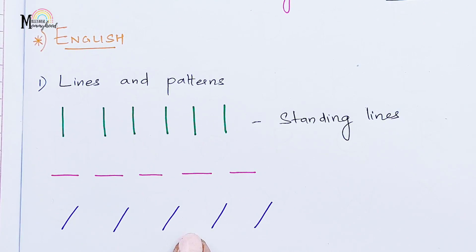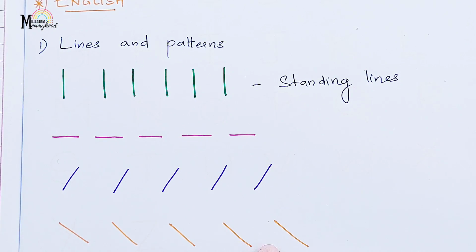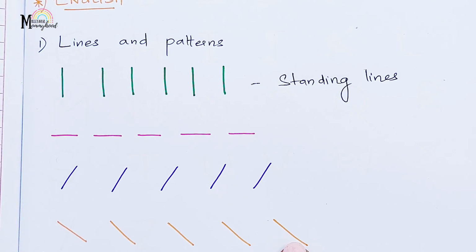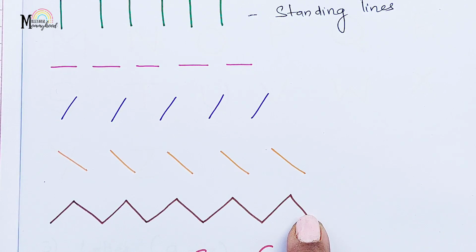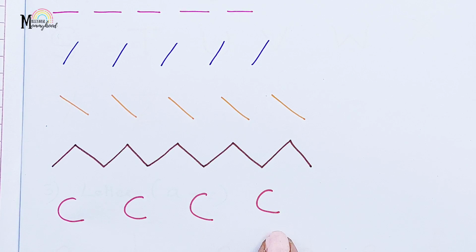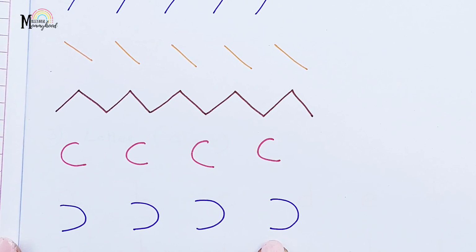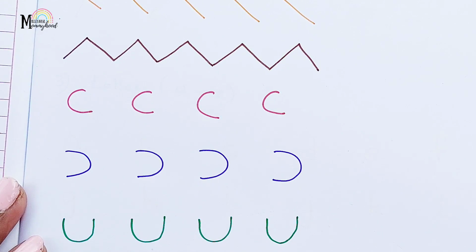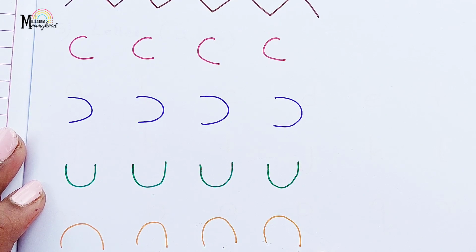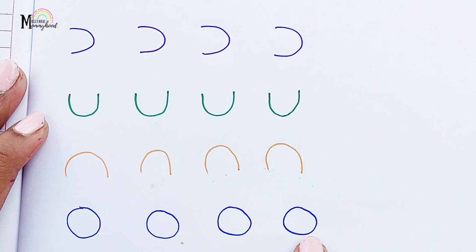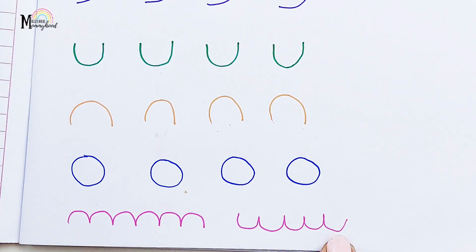Then come the right slanting lines, left slanting lines, the zigzag lines, which we also call mountain and valley, the curves opening towards the right side and then opening towards the left side, upwards, downwards, circles, and also these in downward and upward direction.